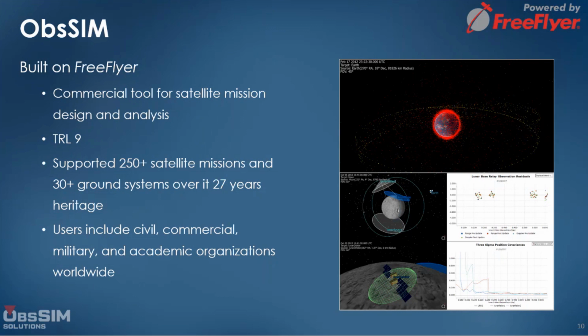It's a product off the shelf with a technology readiness level of 9, so a very mature product, and over its 27 years it has been used to support hundreds of satellite missions and dozens of ground systems. It's in use by civil, commercial, military, and academic organizations worldwide.